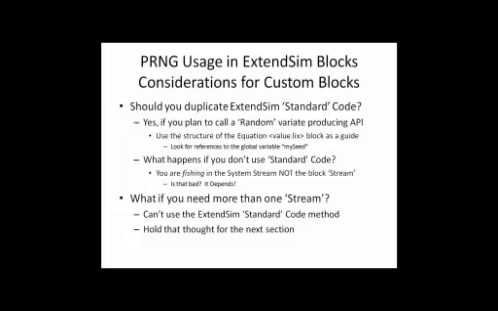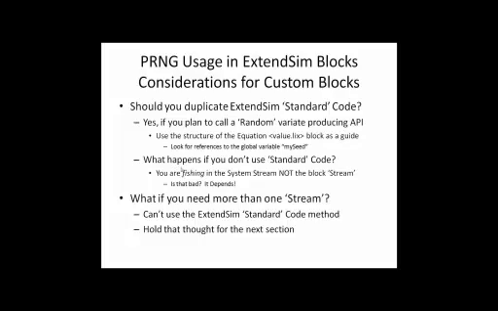If you open up the structure of the equation block and follow the uses of the variable mySeed, you can see the places that you'll need to make code changes or code additions to accommodate the standard code practice from ExtendSim.